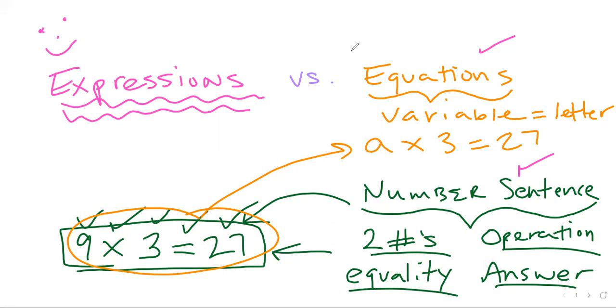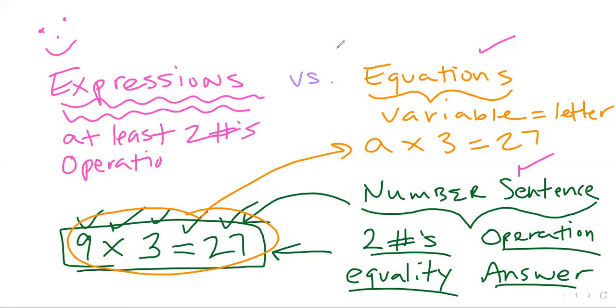Great. An expression has the least amount of things to think about. In terms of an expression, you're still thinking about what you have going on here, but you're going to have at least two numbers and an operation. That's it. There's no math to be done.